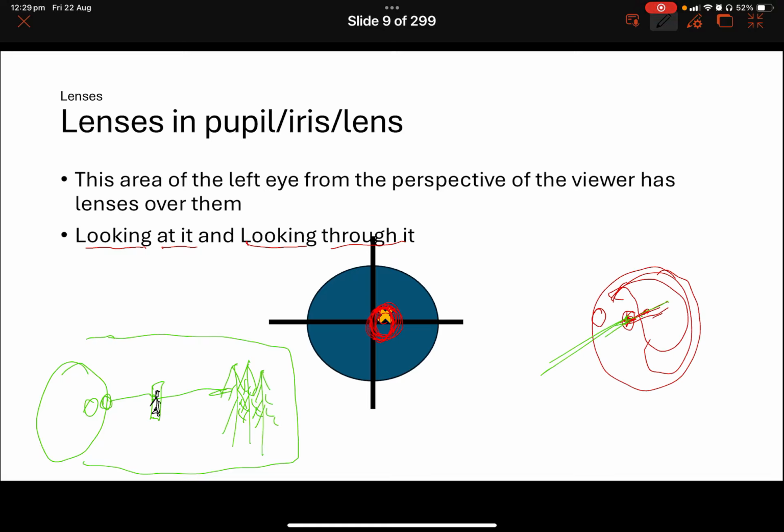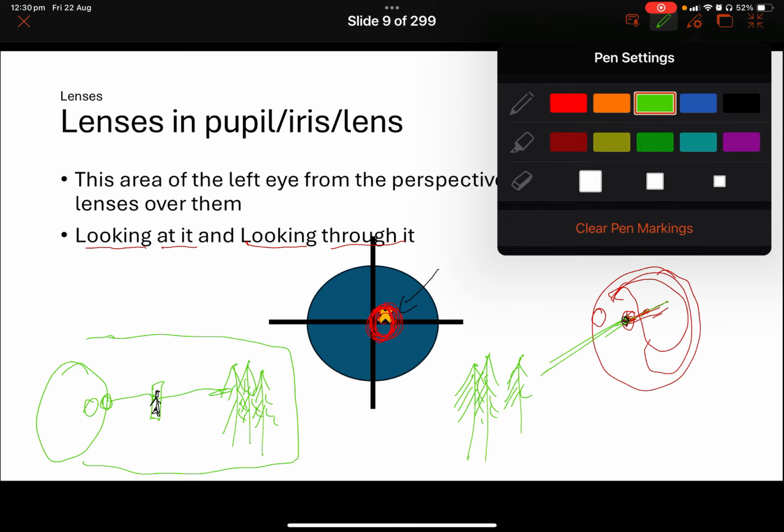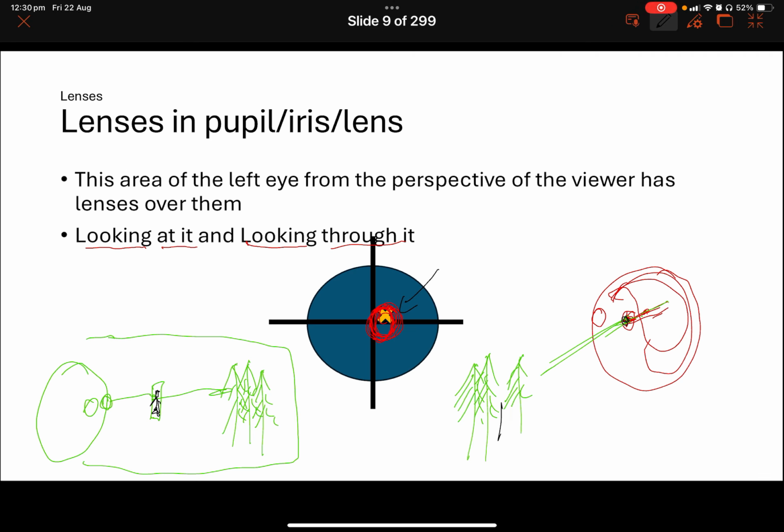So then the picture that I'm receiving into this lens in my eyes is of trees with somebody standing inside it.